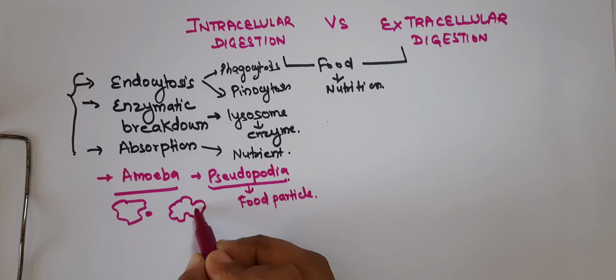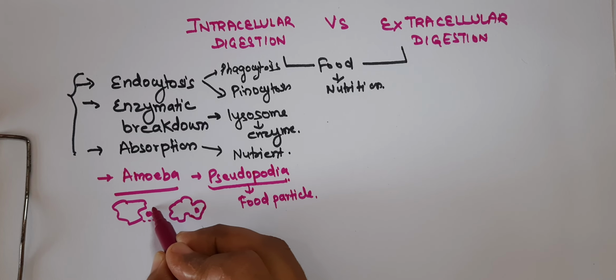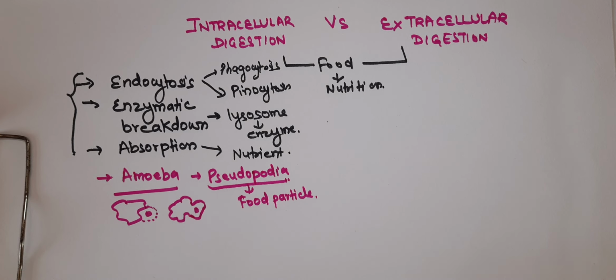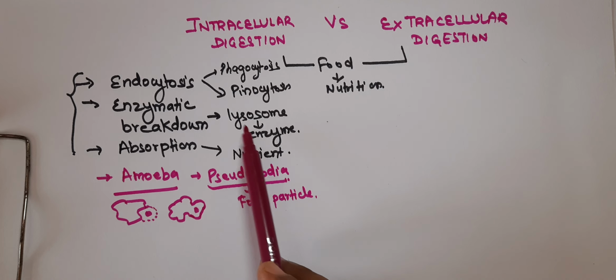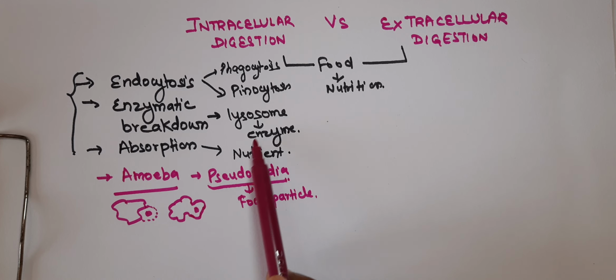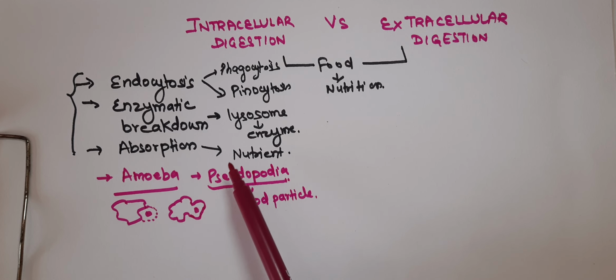It will take it inside, forming a foot-like structure around the food particle, and ingest it. This is called endocytosis. And then, as I told you, the food will be broken down by the enzymes of the lysosome, and the nutrients will be absorbed into the cell.